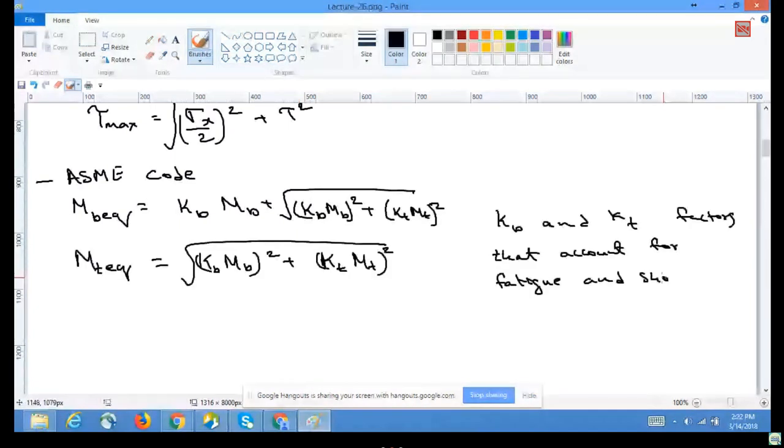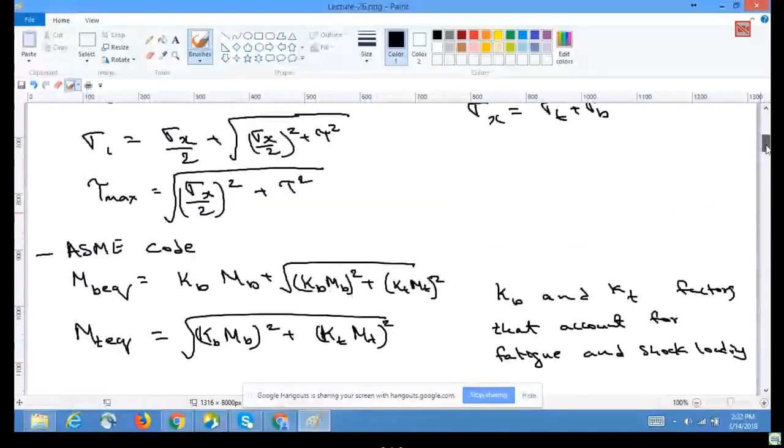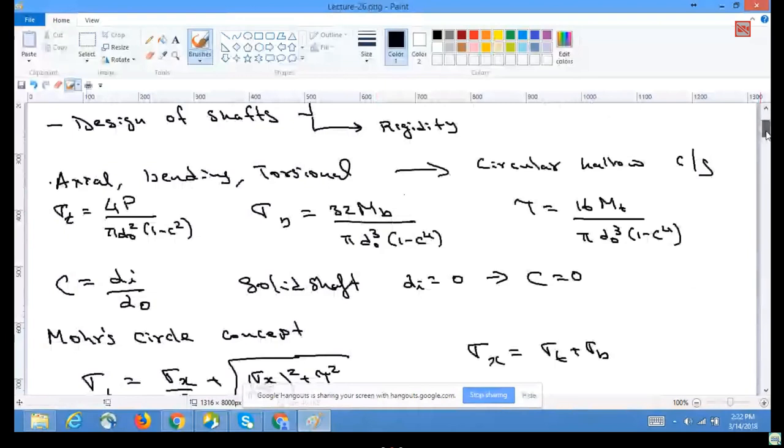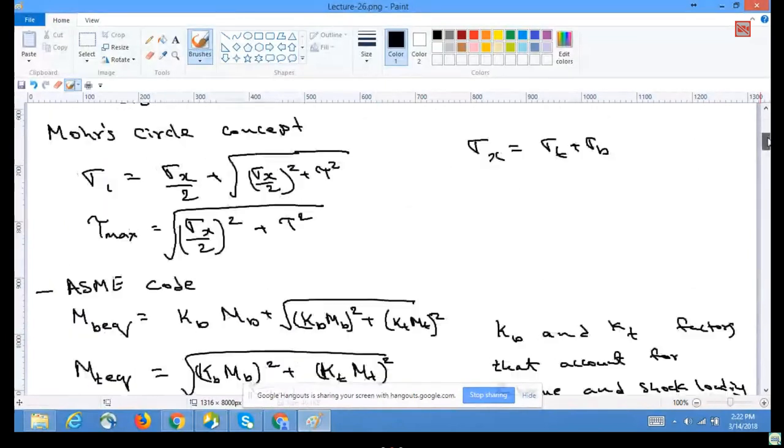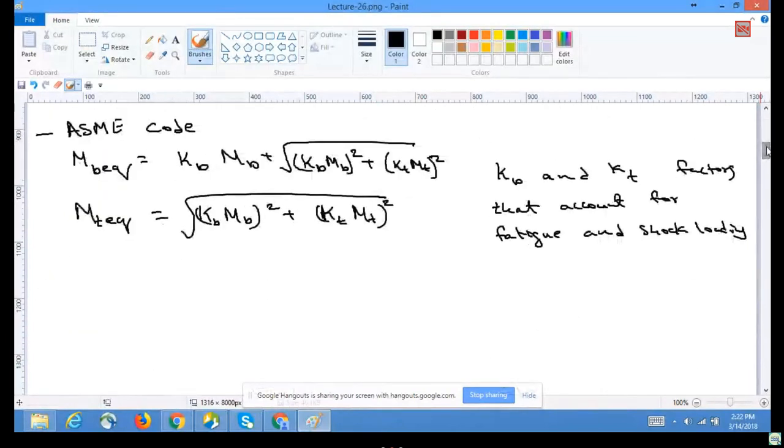Based on the table application, you choose your KB and your things that is in appropriate manner. So once you think, then you go back and the corresponding bending equations, and then you solve for the stresses has to be less than the allowable stresses.